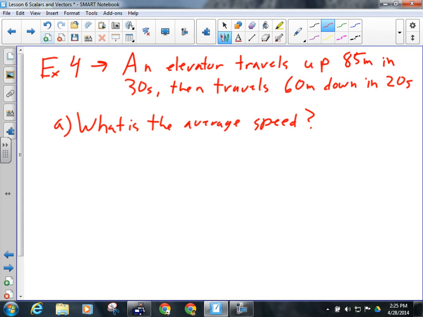We would solve those similarly, but there's one important difference that would come into play. If I want to find average speed, speed is total distance over total time. How far does this elevator go?